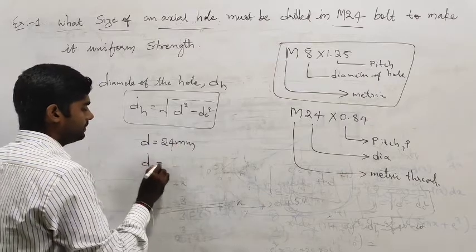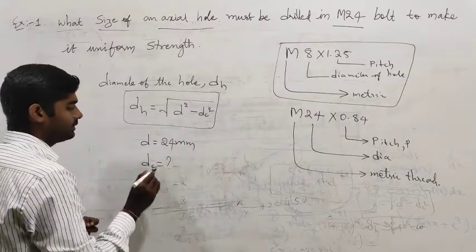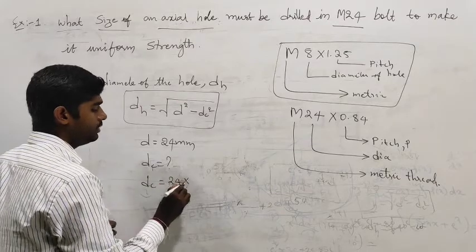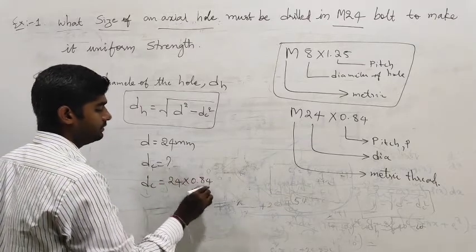DC is equal to 24 into 0.84, which is 20.16.